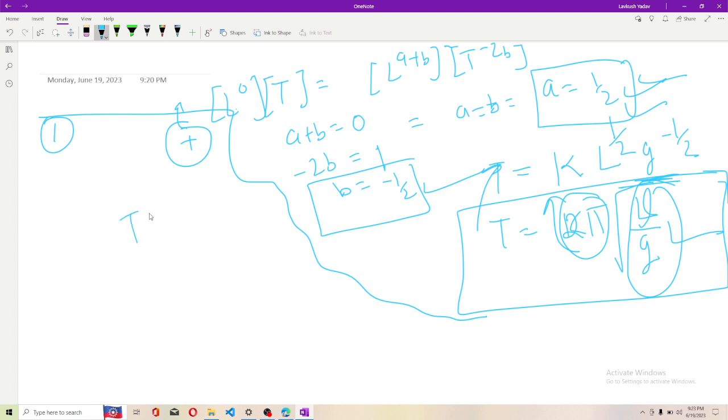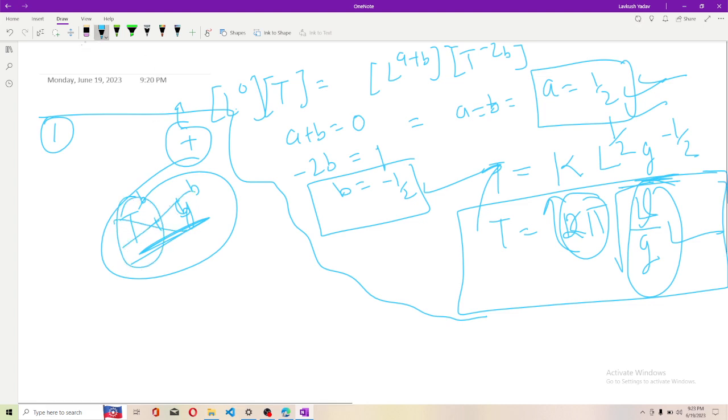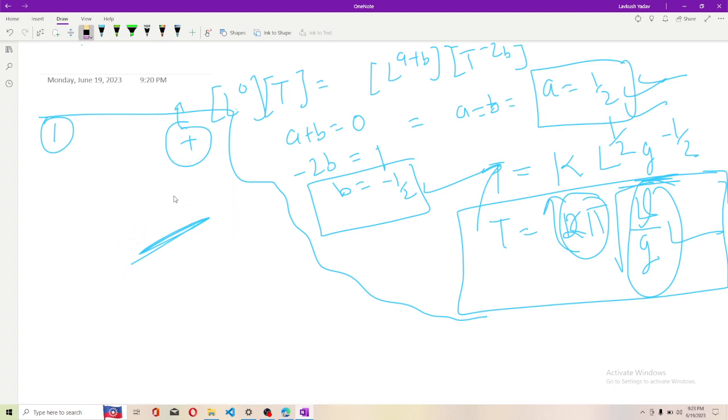But if they were added, I don't think we can do it, because they cannot be added, as they have different dimensions. So if we assume they are in multiplication, then we derive the equations. So this is all about your dimensional analysis, units and measurement.